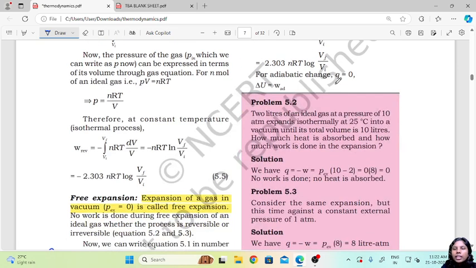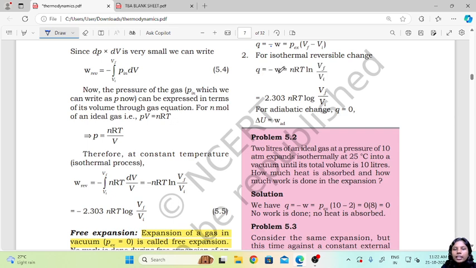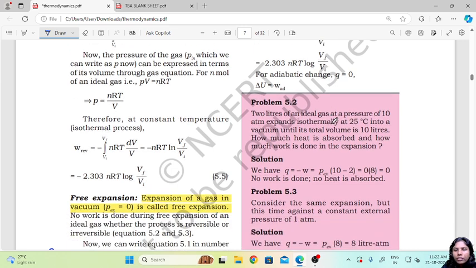For isothermal reversible change, we know minus W will be equal to nRT ln of Vf upon Vi, which will be equal to 2.303 nRT log of Vf upon Vi. And for adiabatic change, we know Q will be equal to 0. Therefore, delta U will be equal to the work done, that is for adiabatic change.